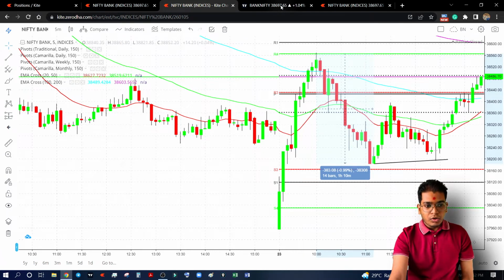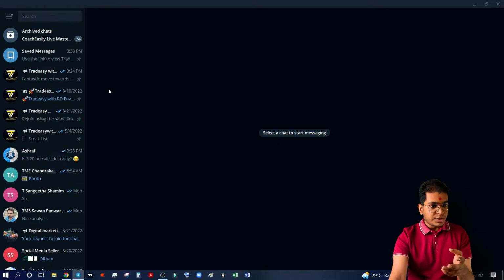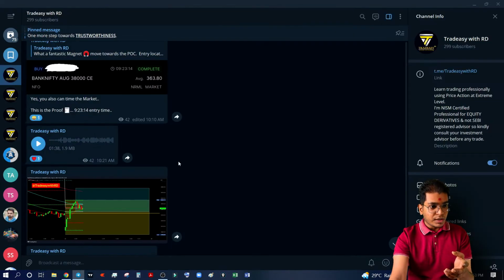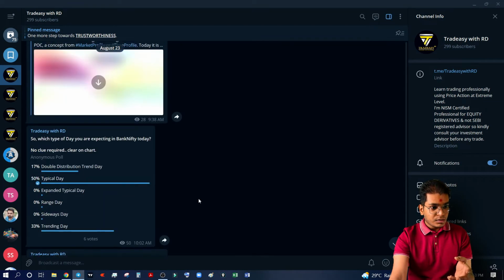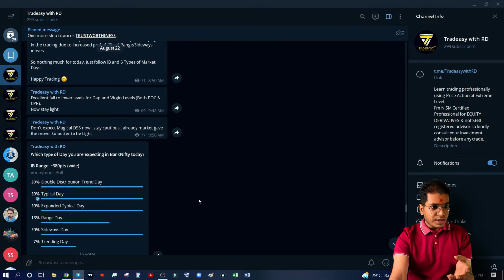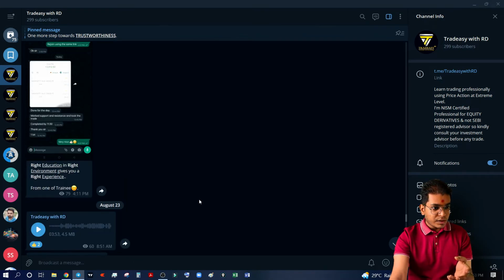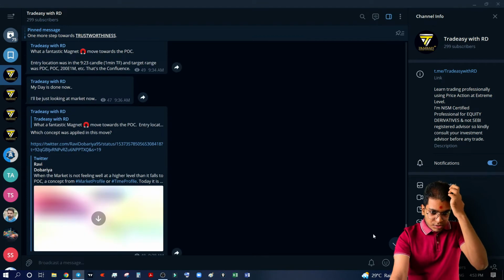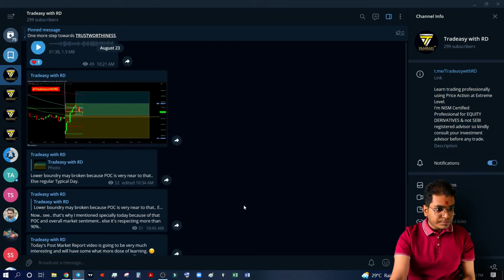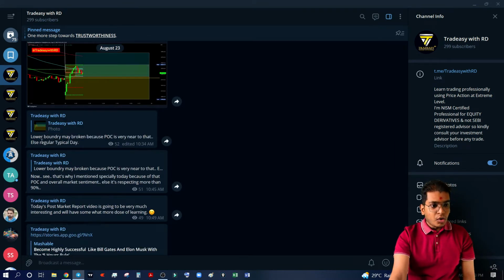I have told in the Telegram channel that the initial balance may break over here. Where I have shared something: the lower boundary may be broken because POC is very near to that, else regular typical day.